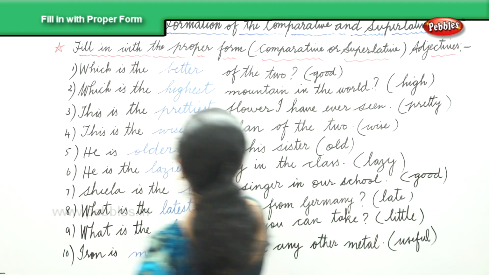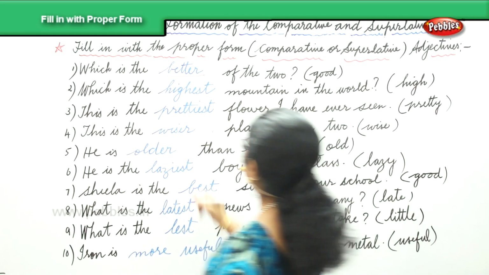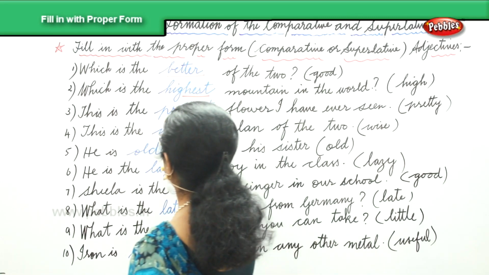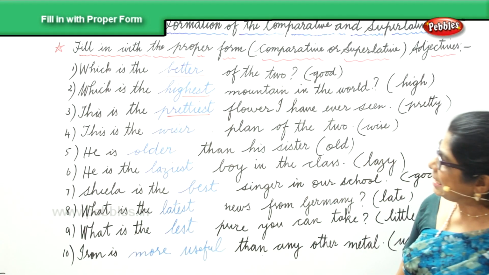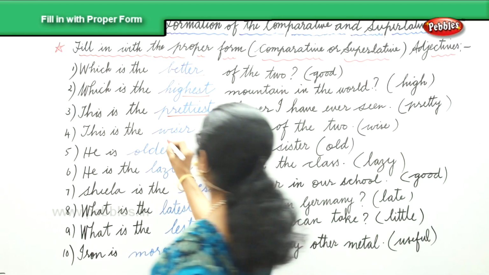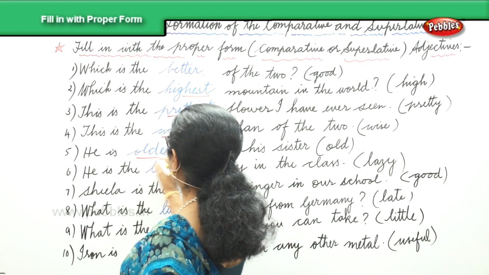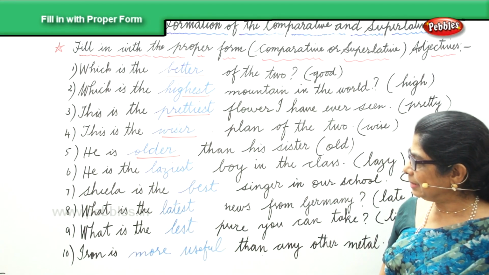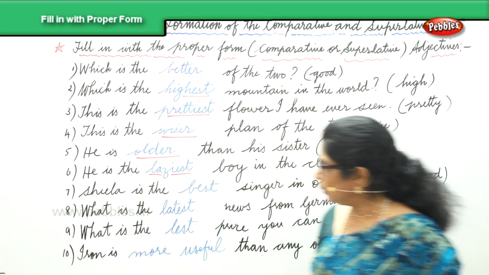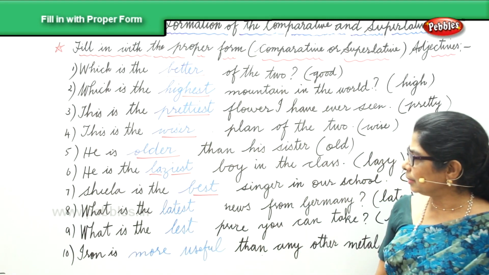So let's look at it once again. Which is the better of the two? Which is the highest mountain? This is the prettiest flower I have ever seen. This is the wiser plan of the two. He is older than his sister. He is the laziest boy in the class. Sheila is the best singer in our school.